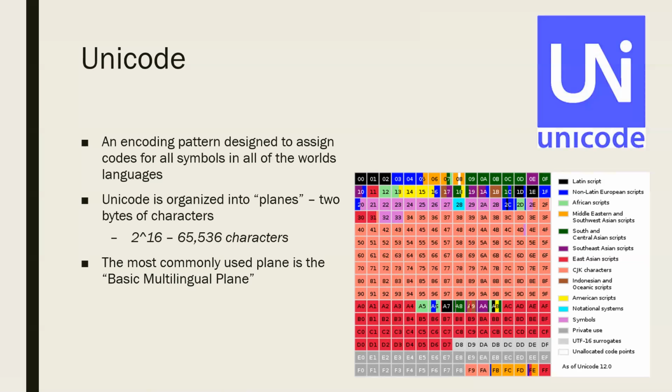The most commonly used plane in the Unicode system is the basic multilingual plane. That's the plane that you see on the right here. This defines the most commonly used characters, so those would be the characters of the Latin alphabet, Chinese and Japanese, Arabic, all of the major languages, and many other useful symbols as well.